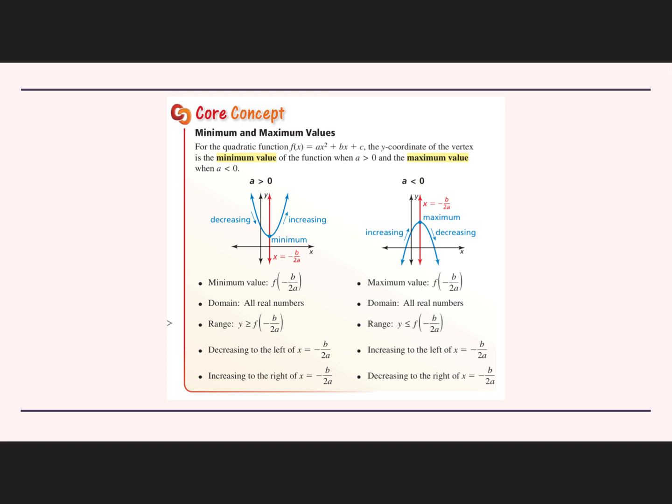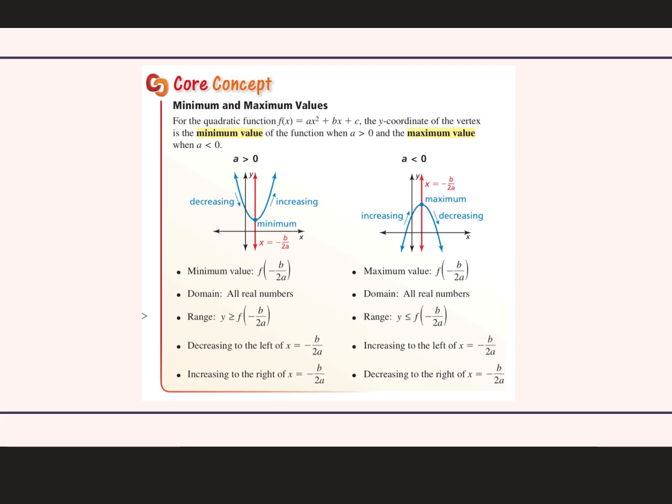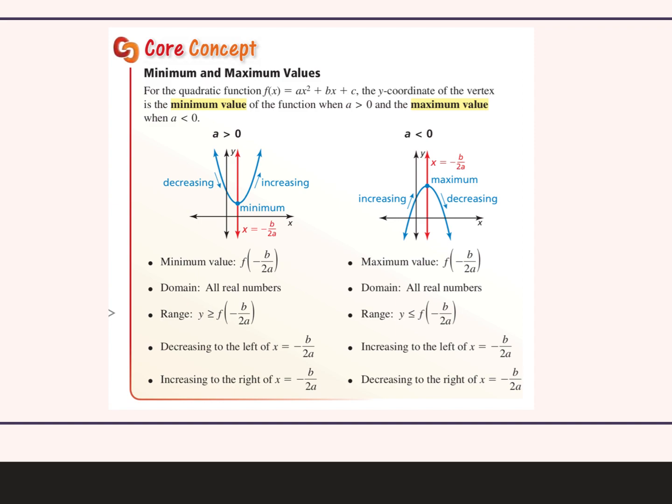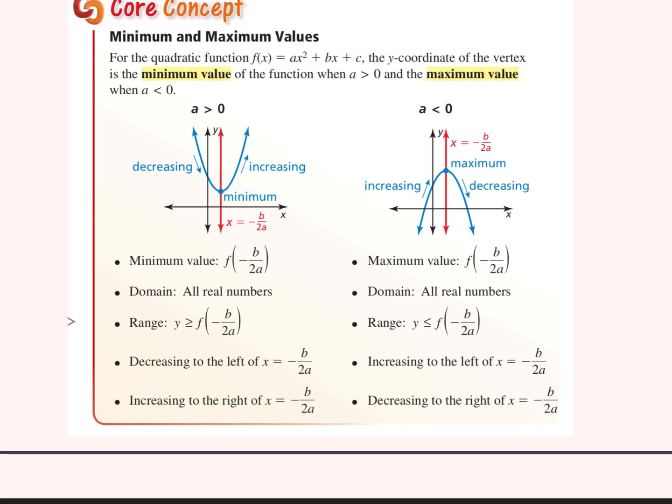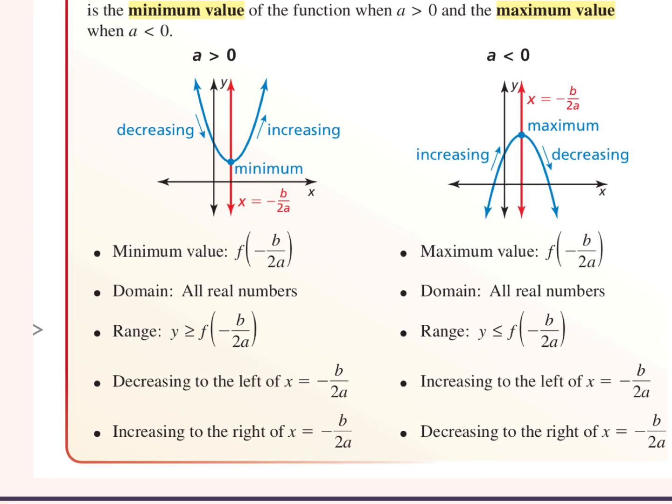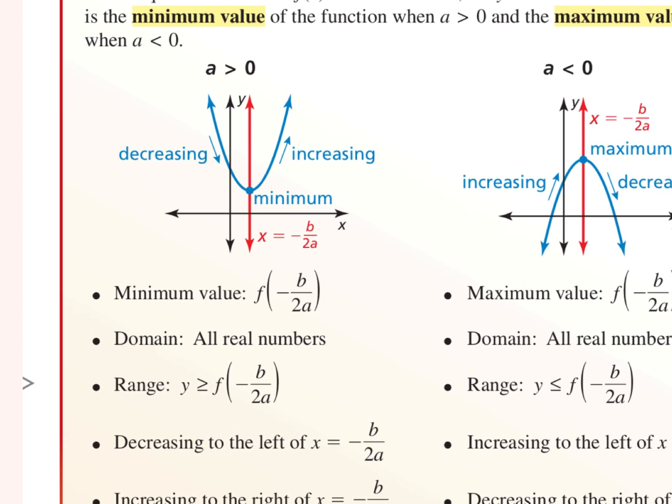So next we're going to talk about some characteristics of our graphs. When our graph opens up, is our vertex at the highest point or the lowest point of the graph? The lowest point. So that would be a minimum.